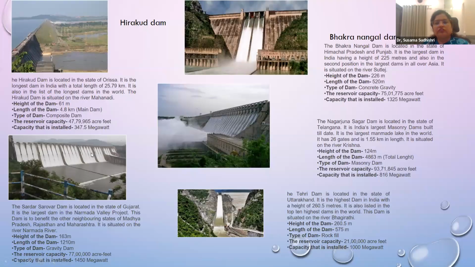These are some details, but I am not going to read them. Just see the Hirakud Dam and the shapes and structures they constructed for different purposes. But now they are facing problems, and if you do not take care of these dams, then in the future they may create havoc on the downstream side.